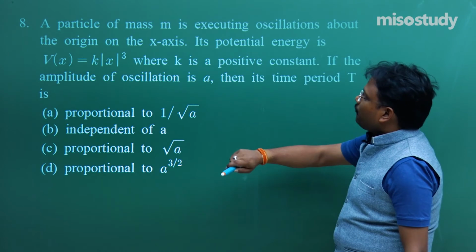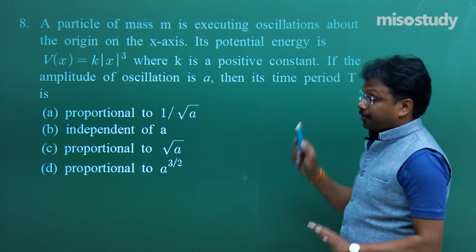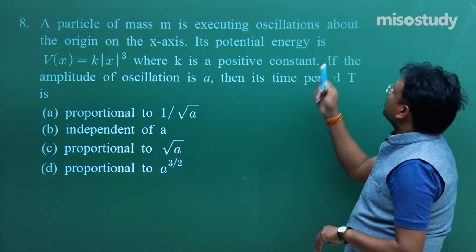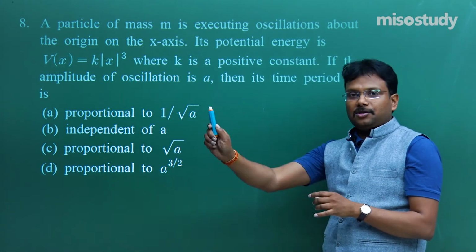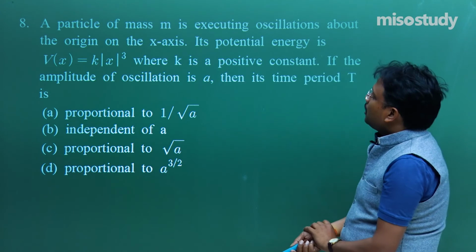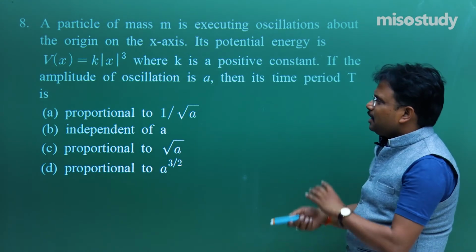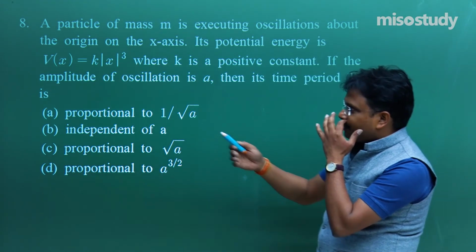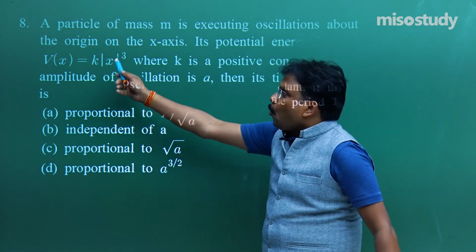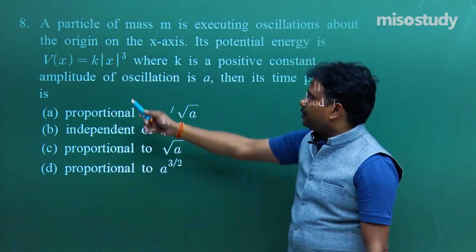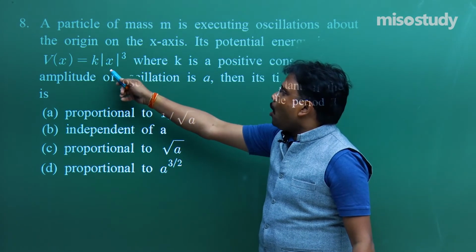A particle of mass m is executing oscillations about the origin on the x-axis in this fashion. Its potential energy is given by a slightly different mathematical expression, V(x), that is along the x-axis, is equal to k mod of x cube.